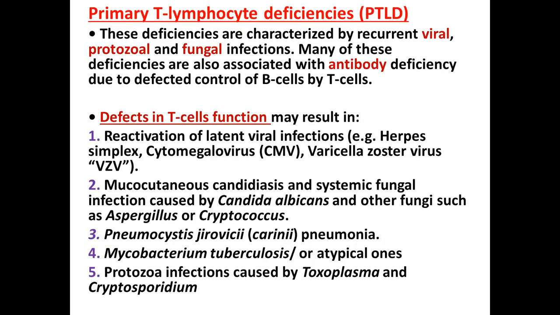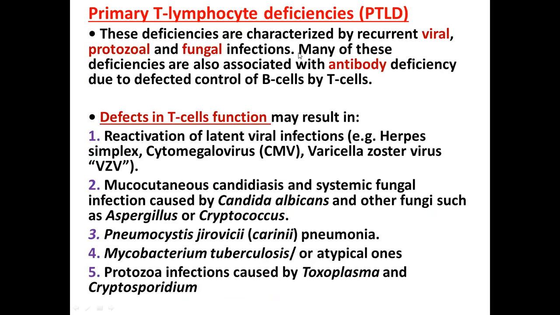Now we come to T lymphocyte deficiency, primary T lymphocyte deficiency. These patients will suffer not from extracellular infection, but from intracellular or big organisms, from viral, protozoal, fungal infections.